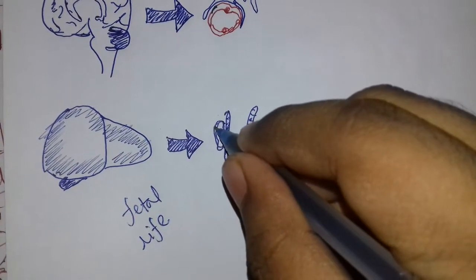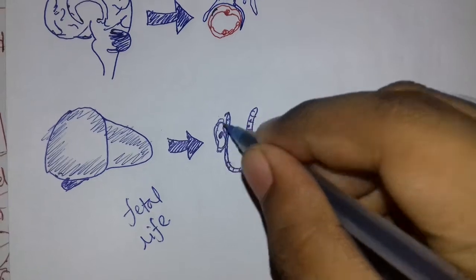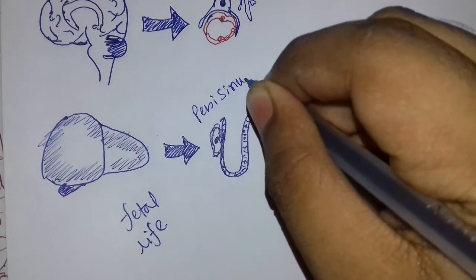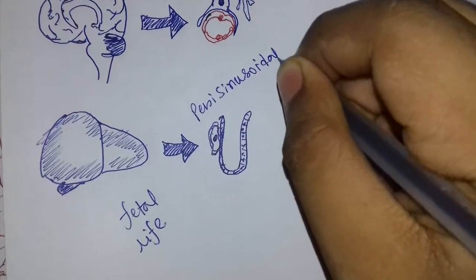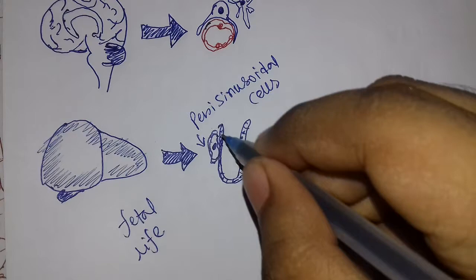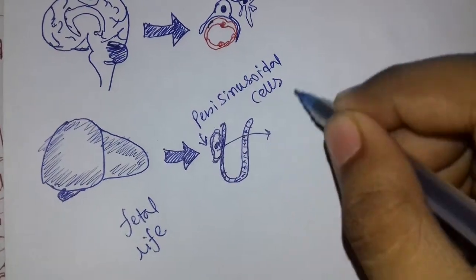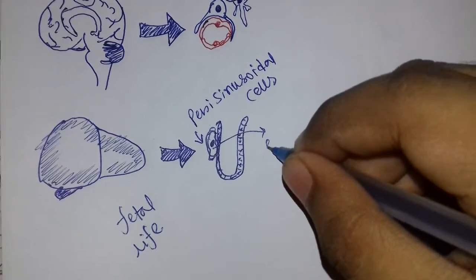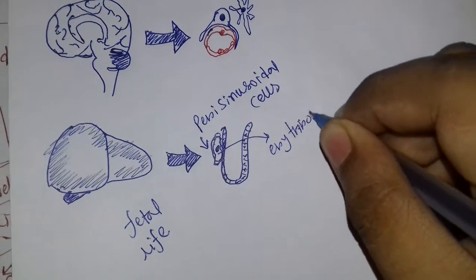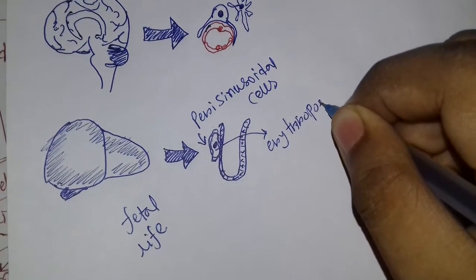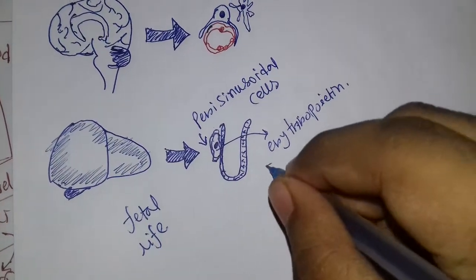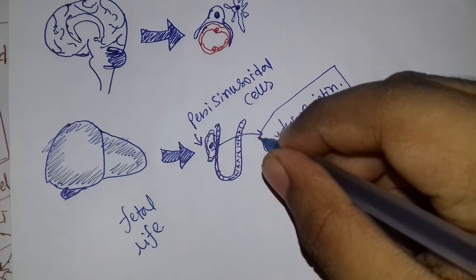There are perisinusoidal cells which secrete erythropoietin predominantly in the fetal life, and in the adult life it is secreted from the liver, but in very small amount.